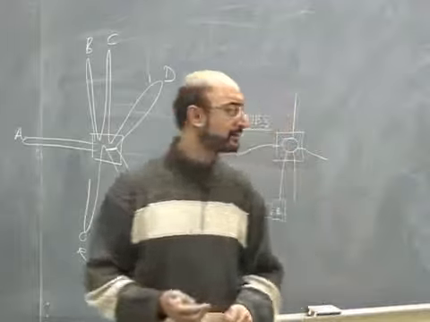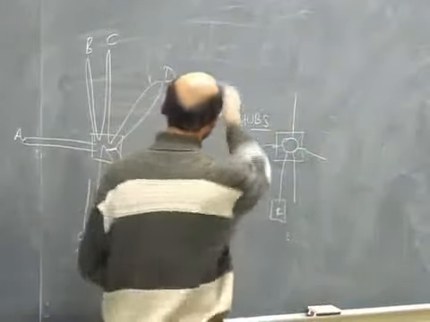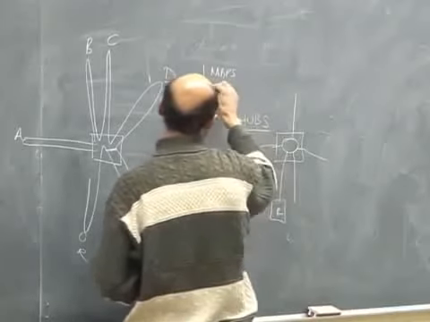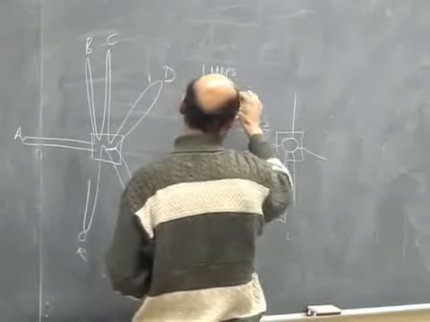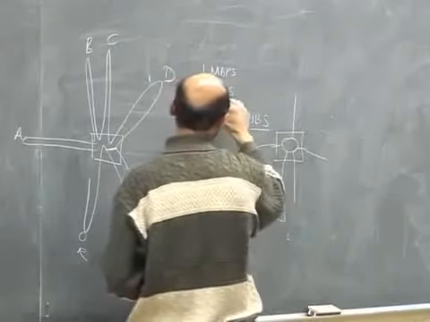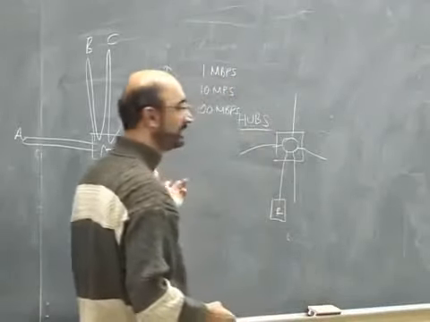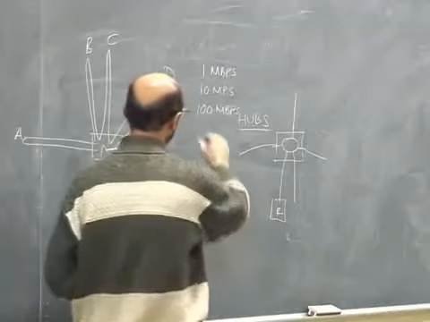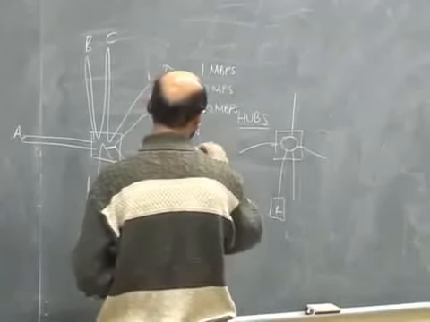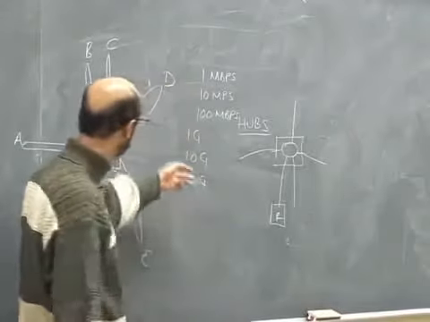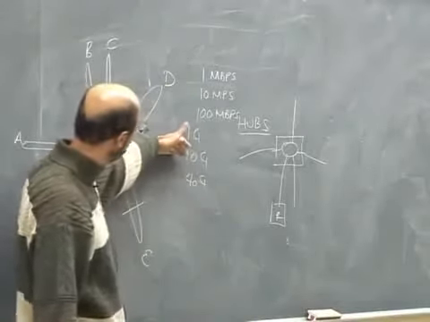The other thing that's happened is that we've gone from 1 megabit per second in the beginning to 10 megabits per second. And I think that's gone up to 100 megabits per second. Typically what you use at home would be 100 megabits per second. You can also get 1 gigabit per second and 10G. And there's 40 gigabits per second standards on the way. So data centers use 10G all the time.